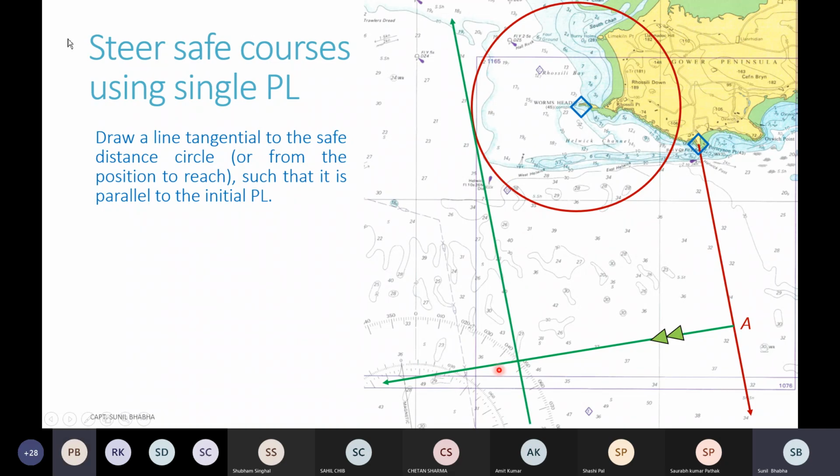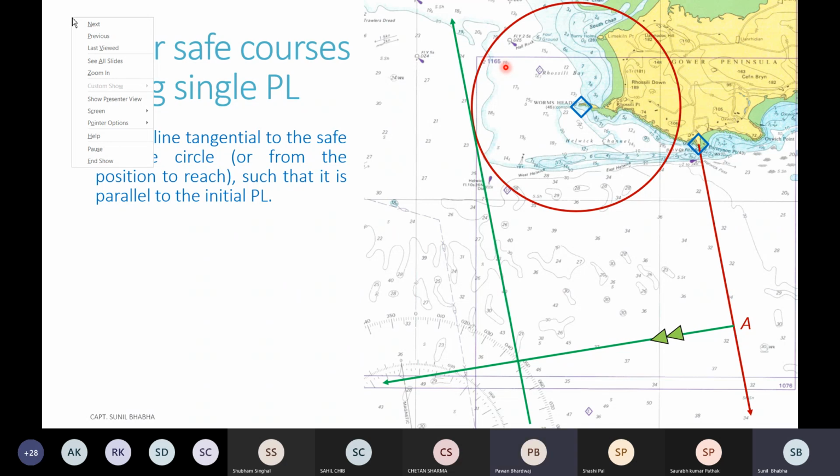Sir, two such tangents can be made, right? Go ahead beta. Sir, one more tangent can be made on the inside, right? Yes beta, it can be made there too, but we will not draw it because that is passing over land. This tangent that we have drawn, beta, is going to be our second course made good.